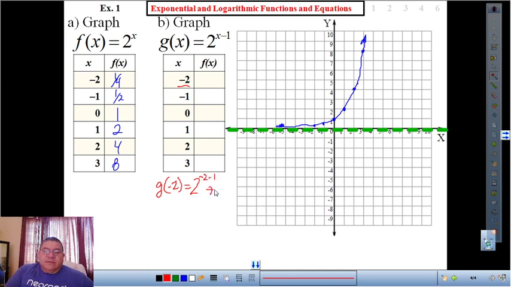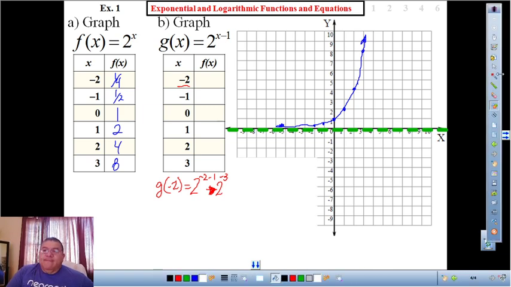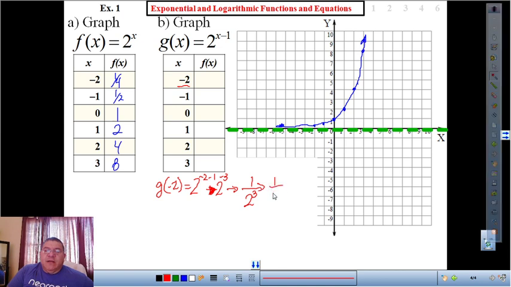So this is 2 to the -3. Can I rewrite it like that? No. So this goes in the denominator, so it's 2 to the third power and 1 on top. So this is what? 1/8. That goes right there.